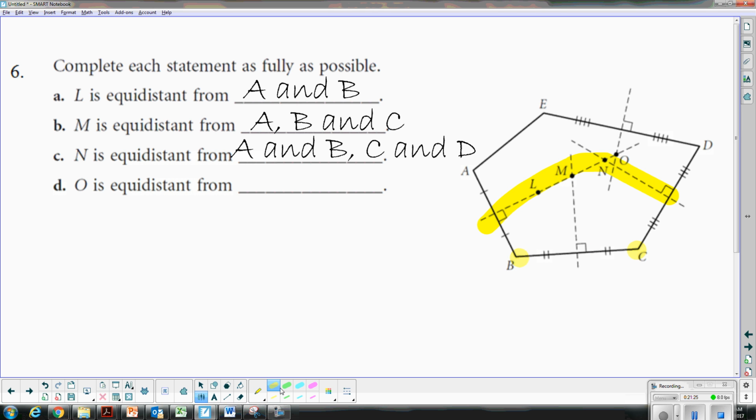So since it's not on this bisector like M was, it's not equidistant from B and C, but it's equidistant from A and B and also C and D.